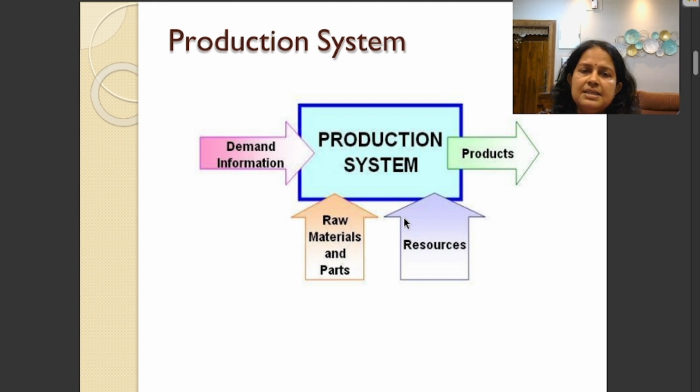If data is available, then we can go for quantitative analysis. When data is not available, maybe the market is new or the product is new, in that case we are not able to find the data. So for that, we can go for qualitative analysis to find our demand information. So I am repeating once again.